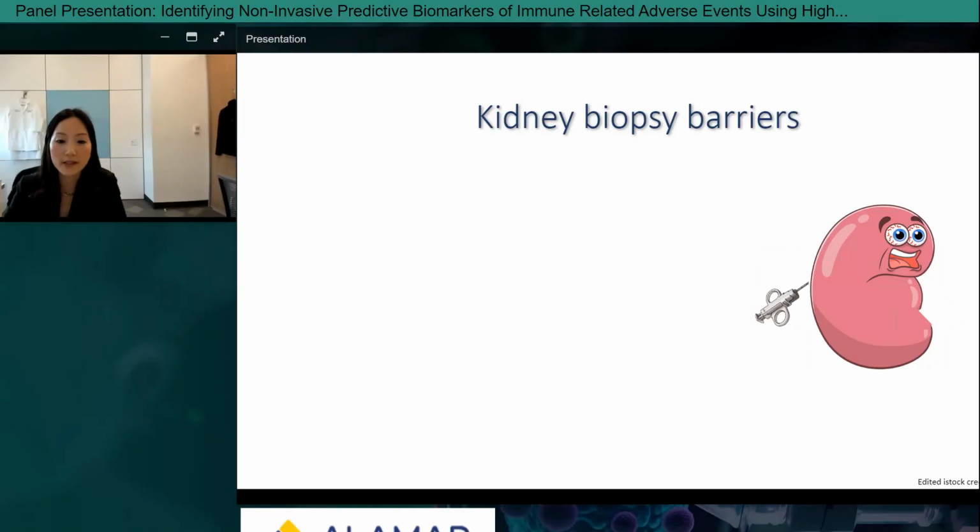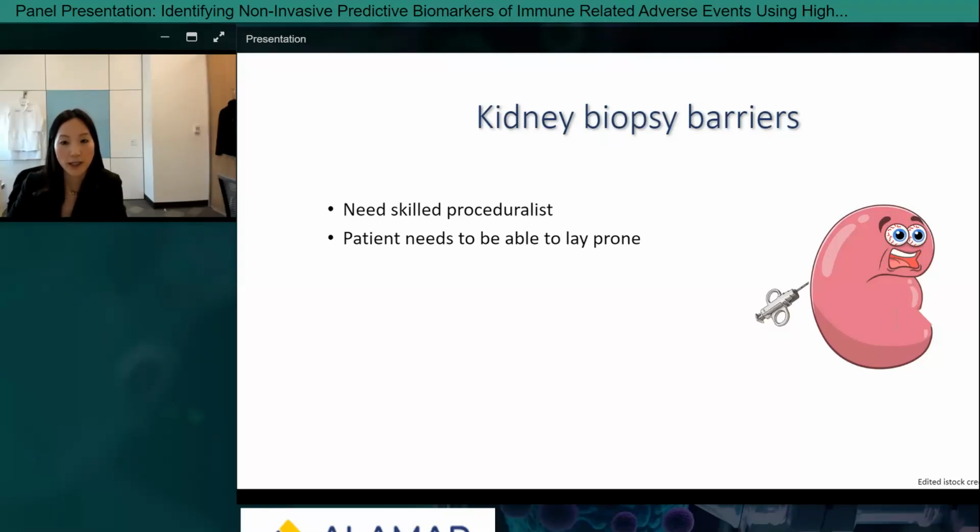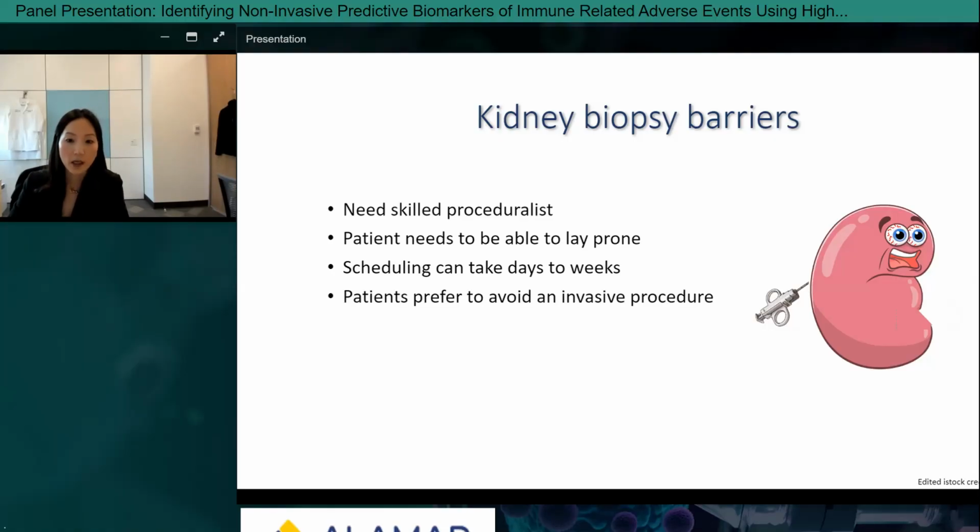So there are several reasons why a biopsy may not always be feasible. You need a skilled proceduralist in order to do this procedure. The patient has to be able to lie prone. So if they have advanced disease, this might not be possible. Scheduling takes time.